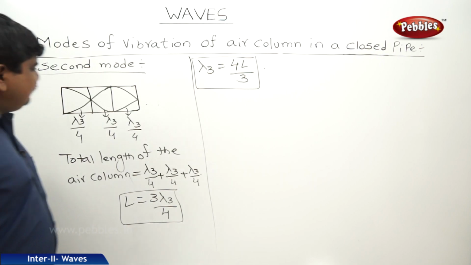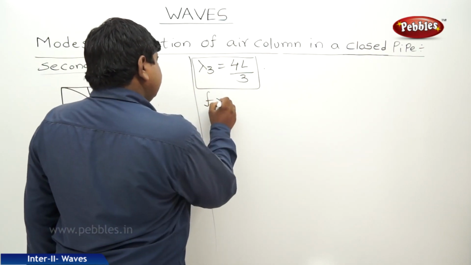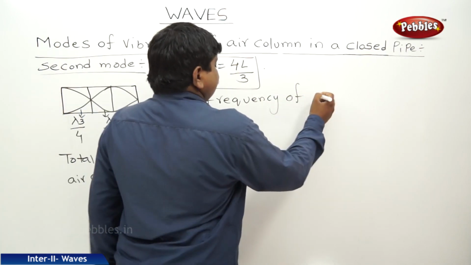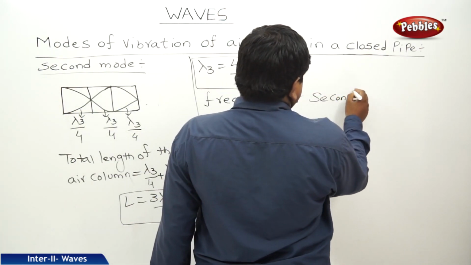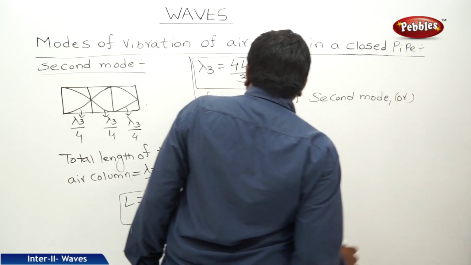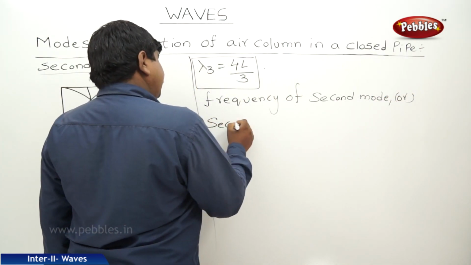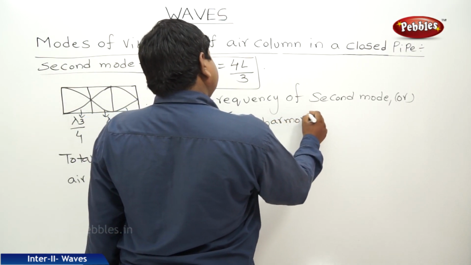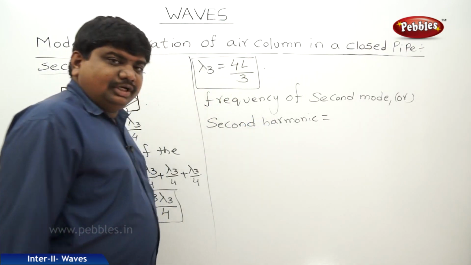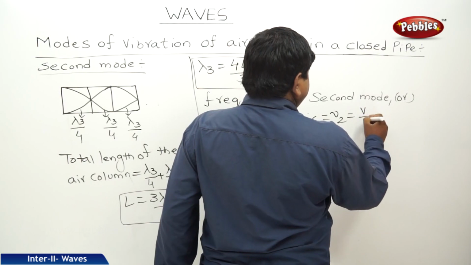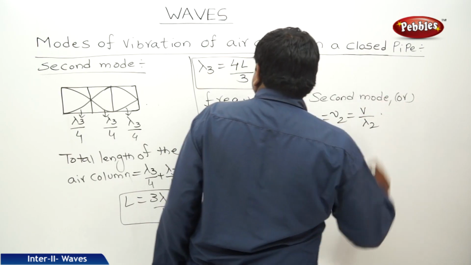So the frequency of the second mode, or second harmonic, is equal to ν2, which is the symbol, v/λ2.